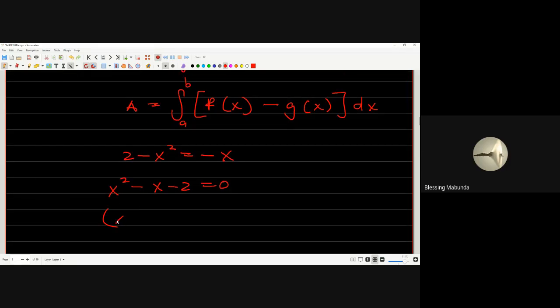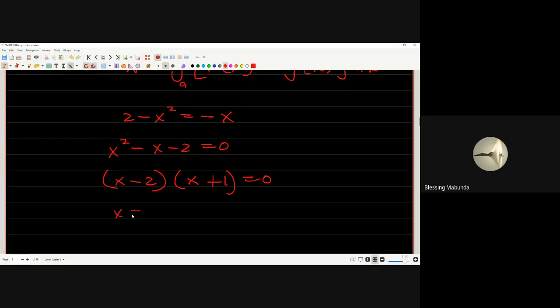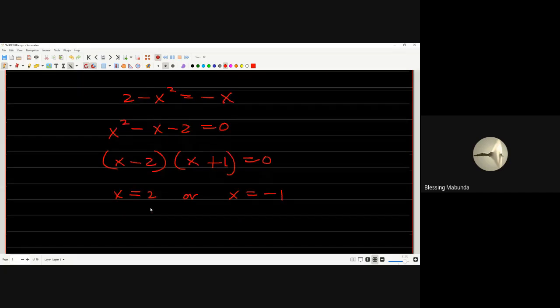And this is going to be x minus 2 and x plus 1, which is equal to 0. So we have that x is equal to 2 or x is equal to minus 1. So that gives us the domain where these two curves intersect. Our x here is an element of minus 1 and 2.